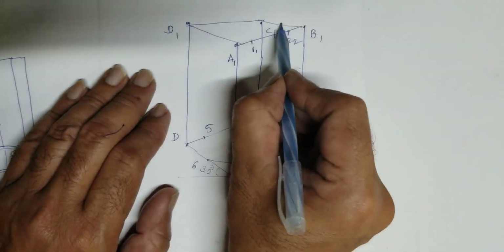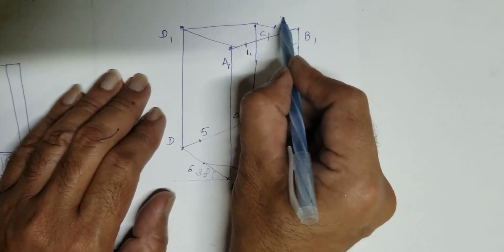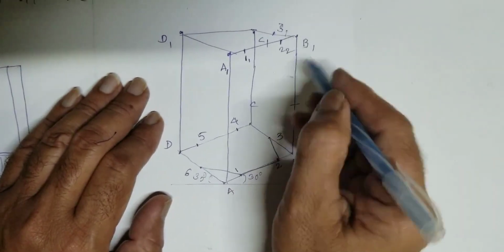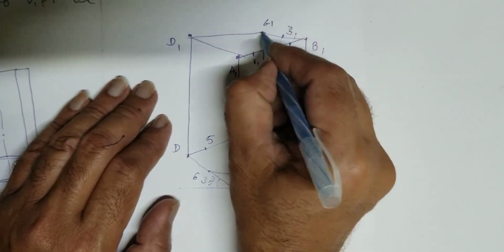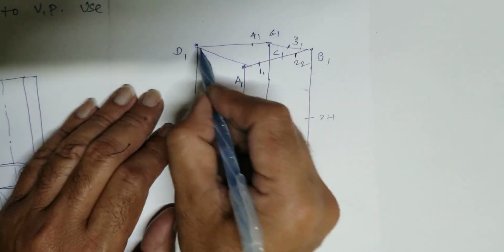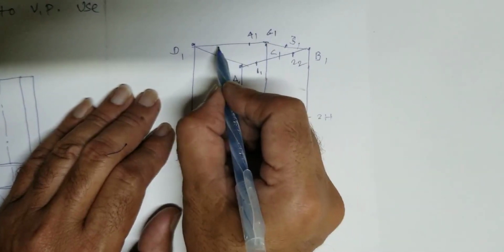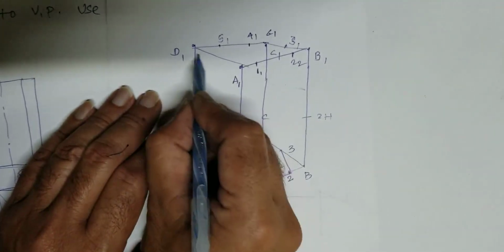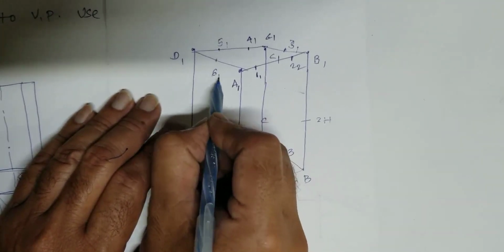Then 3, B1 to 3, 3, 1. Then 4, C1 to 4, 4, 1. D1 to C1, we are going to have 5, 1. Measure the distance here, put the point. 6, 1, like that we just put it.